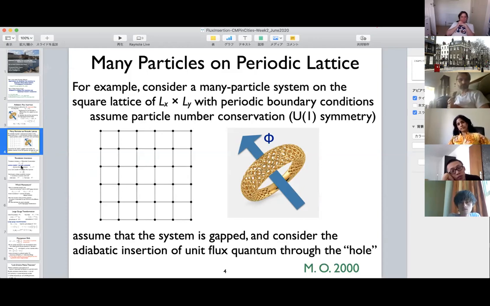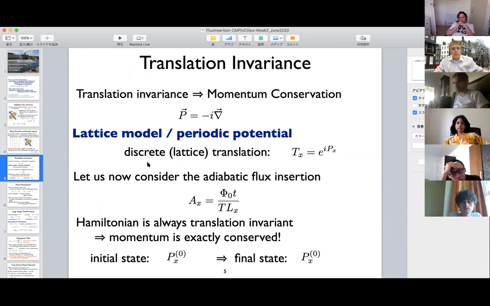When the system has periodicity, in other words, lattice translation symmetry, then we have some conserved quantity. If we have translation invariance, then momentum conservation follows.